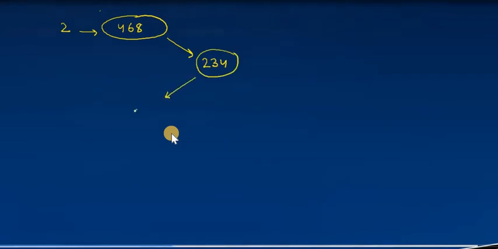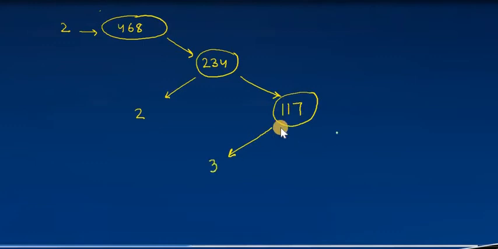Now 234 can be again divided by 2, you will get 117. Now 117 we can divide by 3 because 1 plus 1 plus 7 is 9. So once you divide it by 3, you will get 39. Now 39 again can be divided by 3, you will get 13.